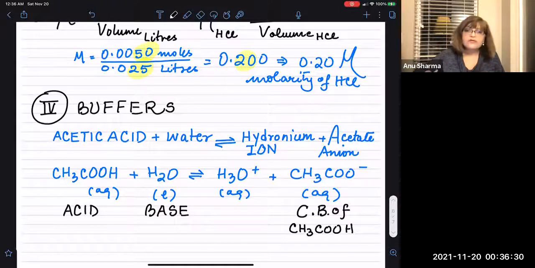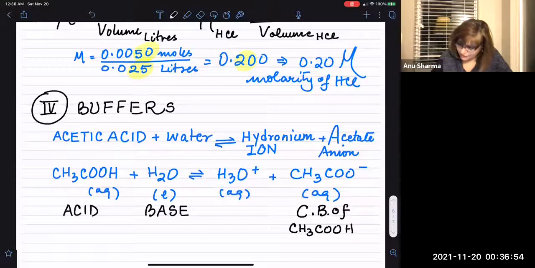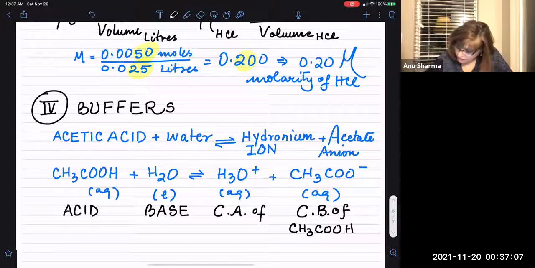Sorry, just a minute, guys. Fireworks happening outside. Anyway, this is the conjugate base. Then the hydronium ion is the conjugate acid of water, H2O.